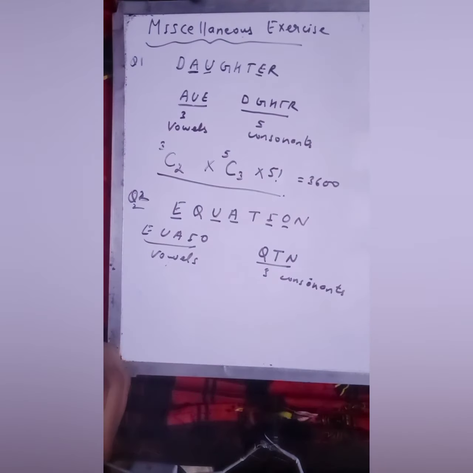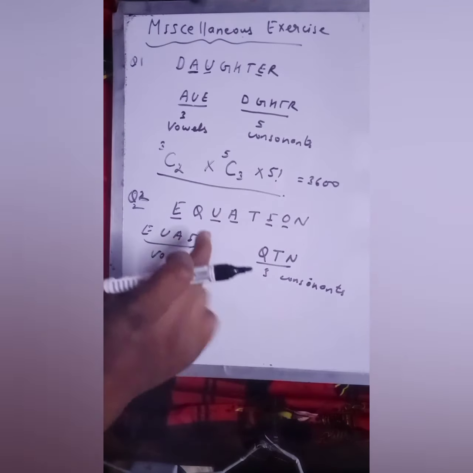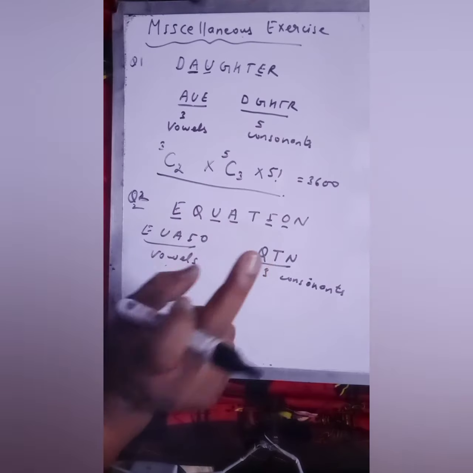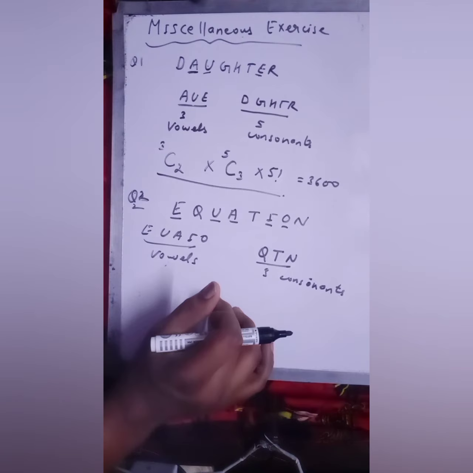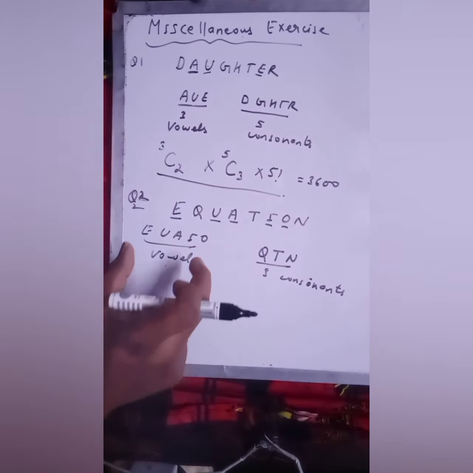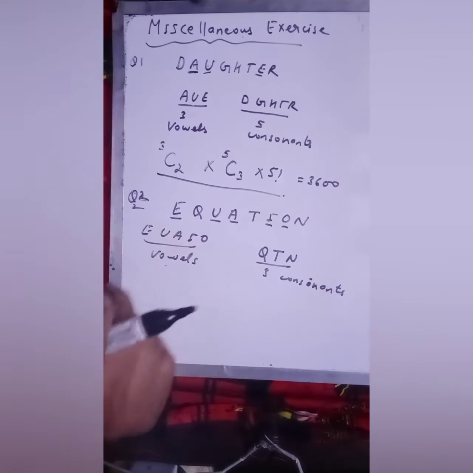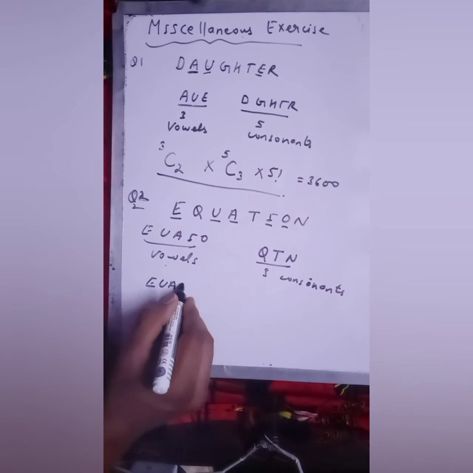You have to use all the letters. That means you have to make an 8-letter word using all the alphabets. Let me read the question. The most important thing is that all vowels and all consonants come together. Suppose the vowels come first.